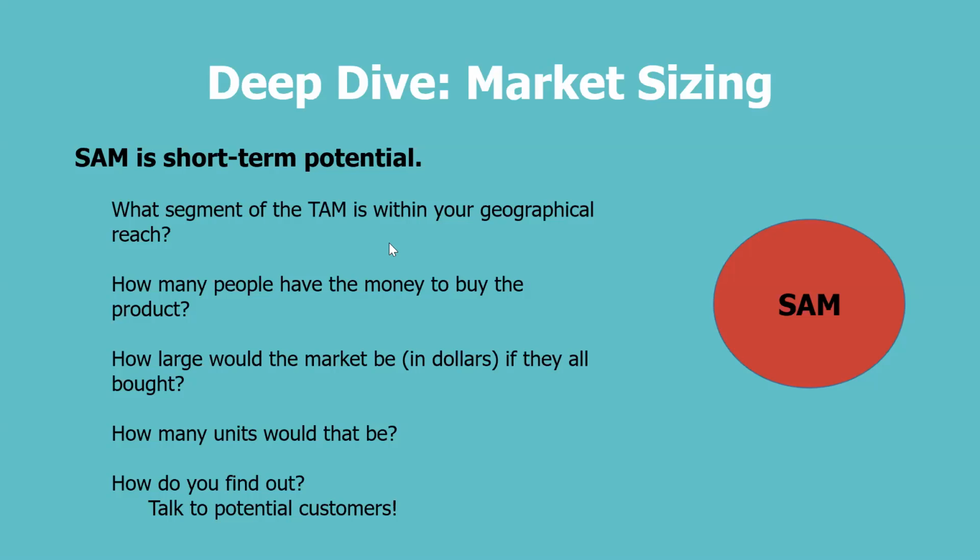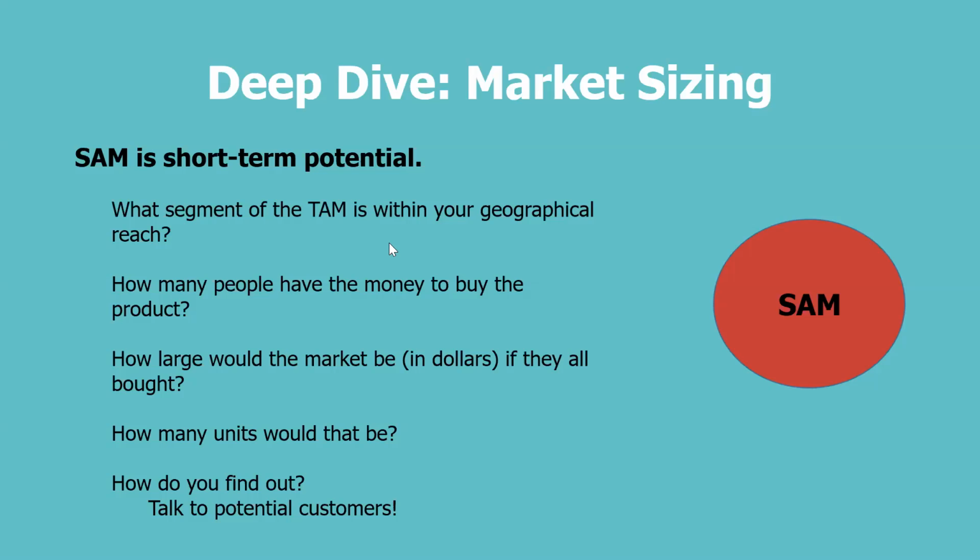When I explain this, I always think, if you're a product that can be sold worldwide, maybe your SAM would be the Mid-Atlantic. So how are you going to capture the region with this service or this product? Then think about, in that region, how many have the money to buy this product?